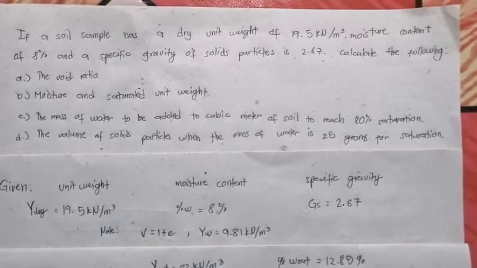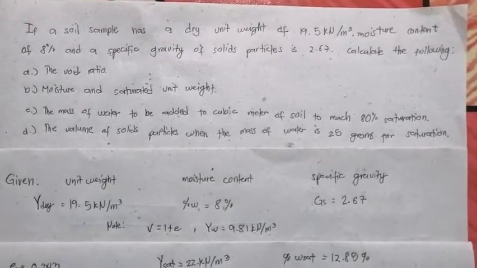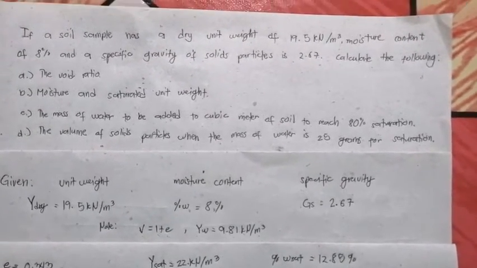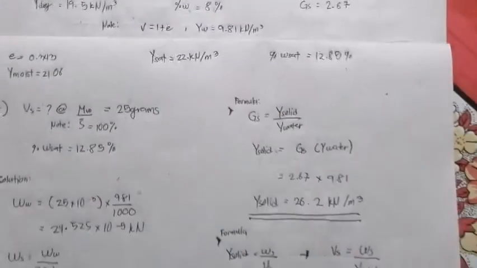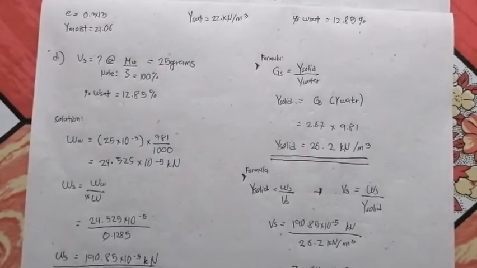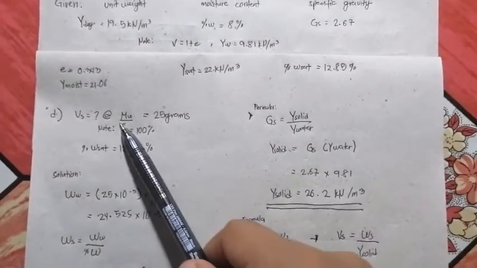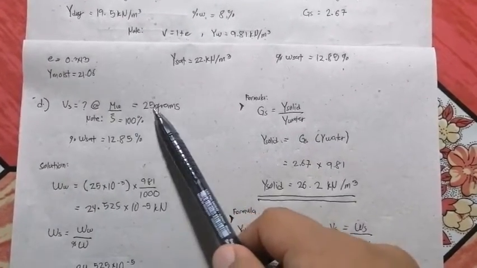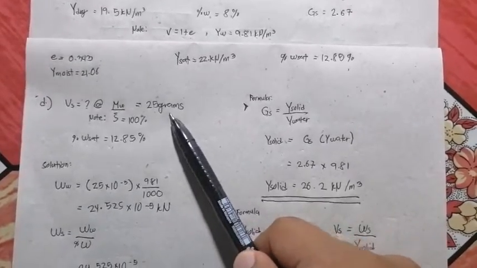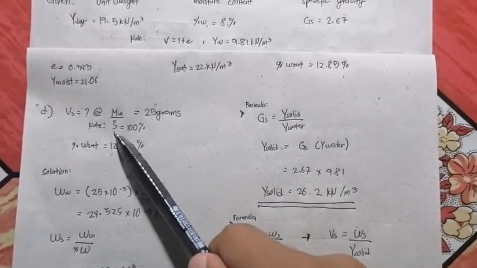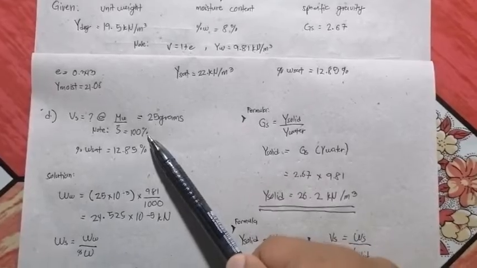So, sa letter D naman tayo, the volume of solid particles when the mass of water is 25 grams per saturation. So, kailangan nating hanapin dito ay ang volume ng solid particles kapag ang mass ng ating water ay nasa 25 grams lang. So, note na ang saturation dito ay nasa 100%.